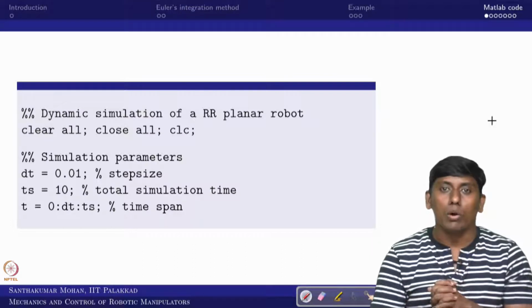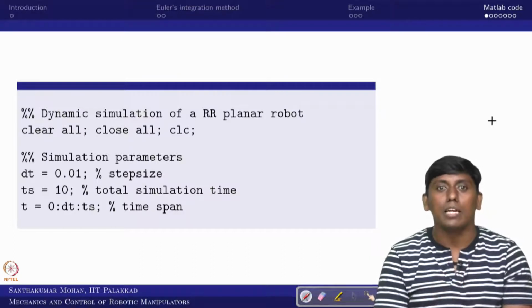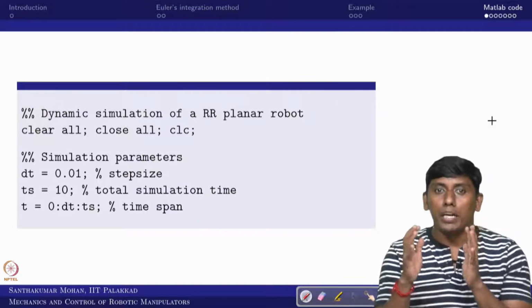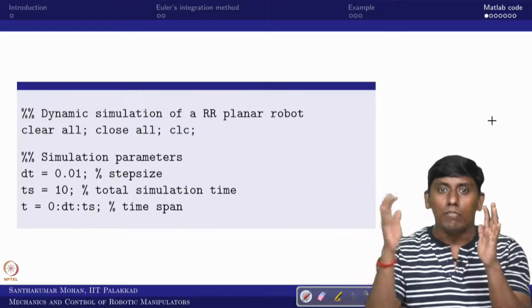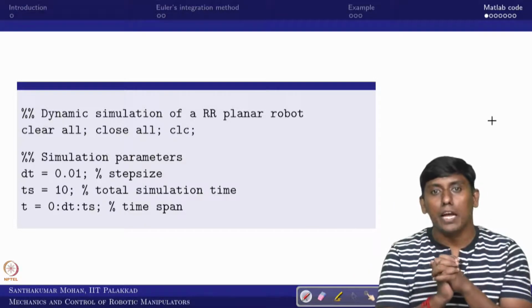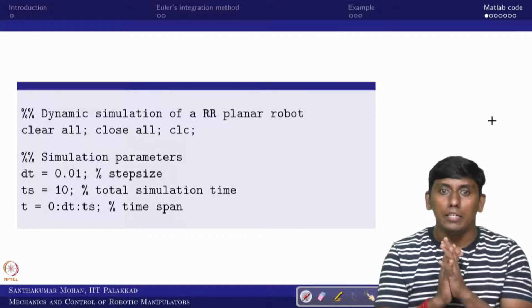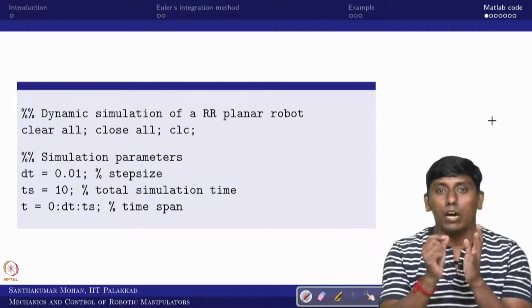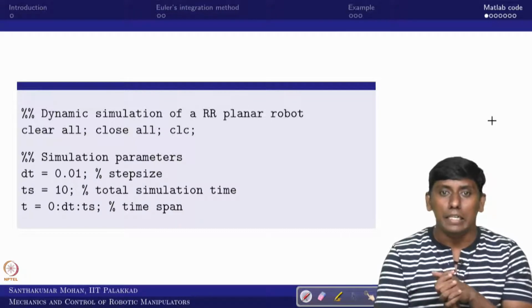That is what I call the total simulation time, which I have written as Ts. Then this is going to propagate from 0 to Ts with the interval of delta t. In the sense, I am defining the time span, starting from 0 to Ts with the interval of our step size dt here, okay.